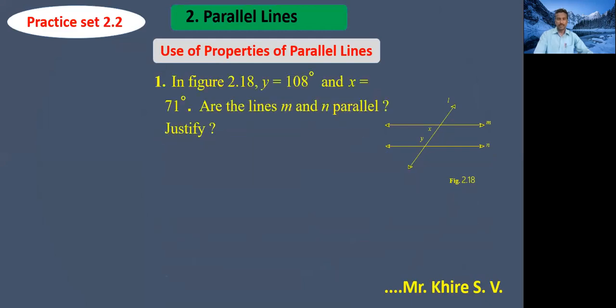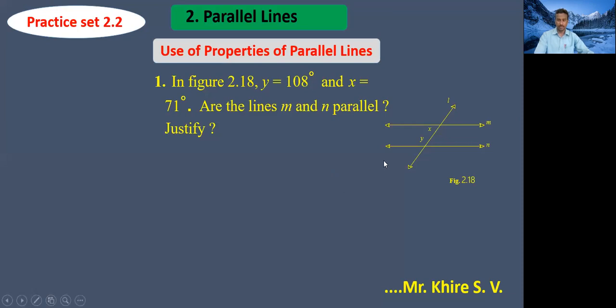First example in that is in figure 2.18, y is equal to 108 degree and x is equal to 71 degree. Are the lines m and n parallel? Justify. You know all the properties of parallel lines. Which are the properties of parallel lines?